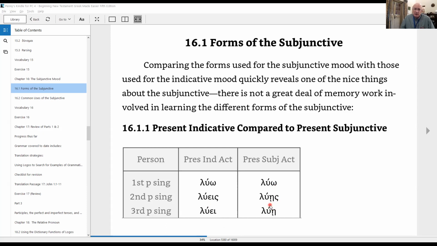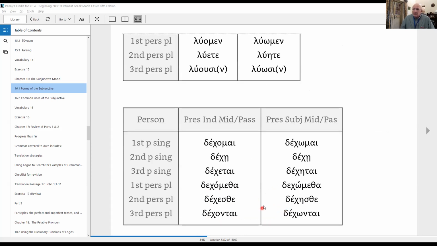And notice the iota subscript must be there. Lue, that we learned in Greek 1, becomes lue with eta, again with the iota subscript. And luomen becomes luomen in the subjunctive. Lueta, lueta. Luousin becomes luosin with omega.